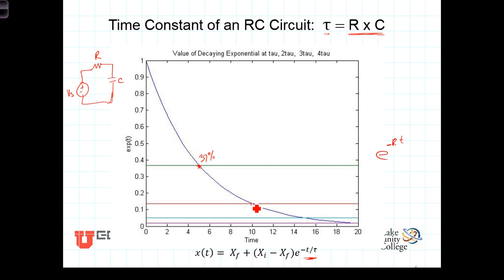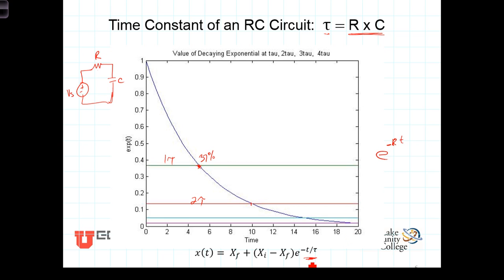After two time constants, it will be down around 12% of its original value. After 3 time constants, it'll be down to about 2% of its original value, and by the time you get out to 4 time constants, the capacitor will be down to less than 1% of its original charge.